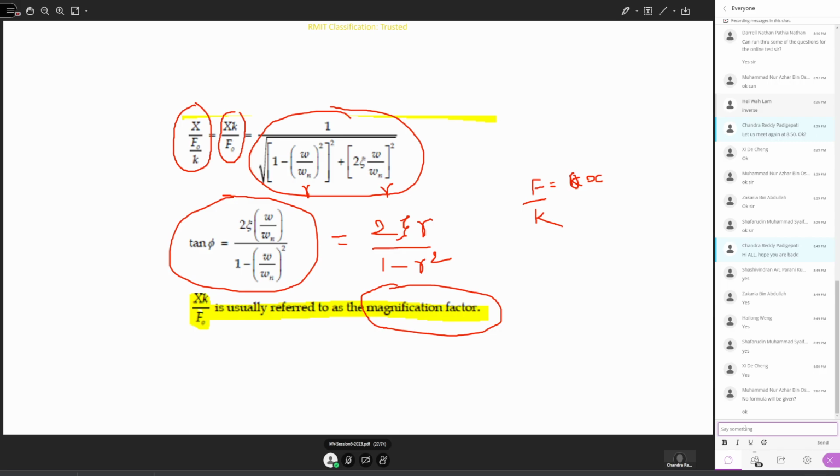Your fourth question may be related to this, where you will be calculating the magnification factor and using these equations. All these things are related to your class test.